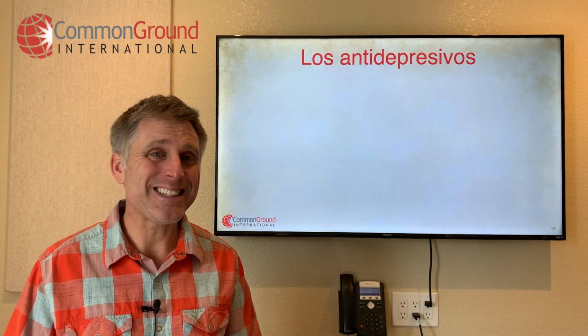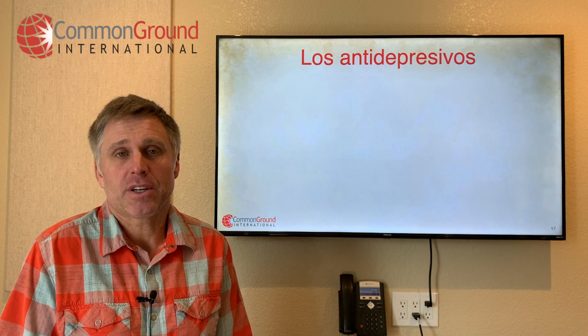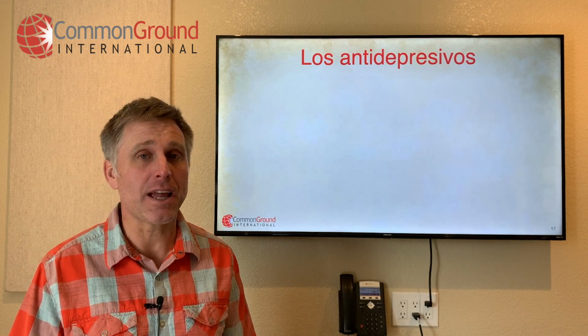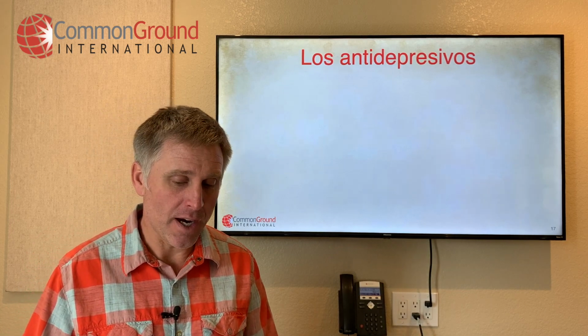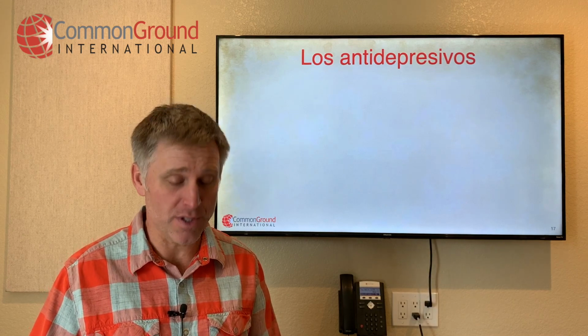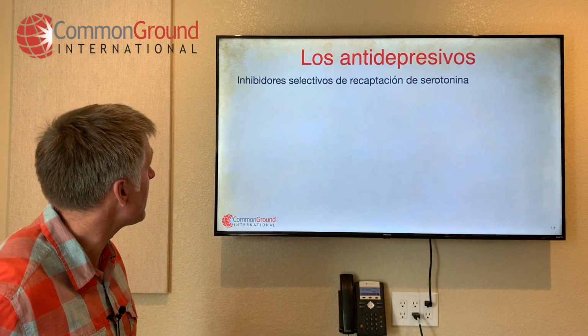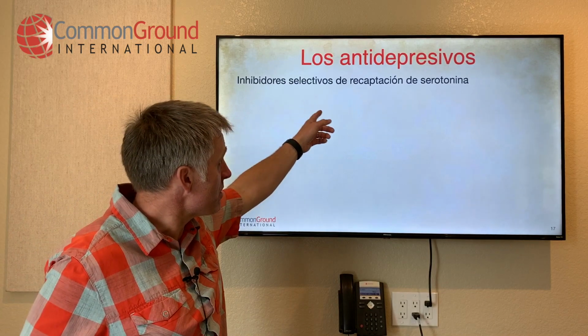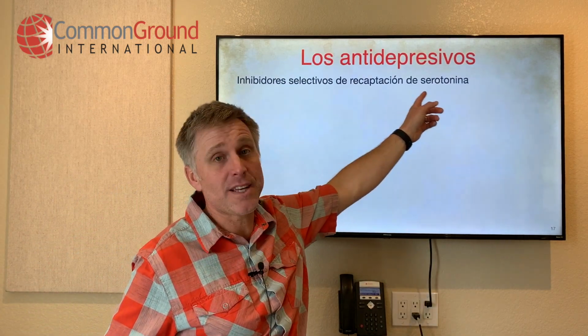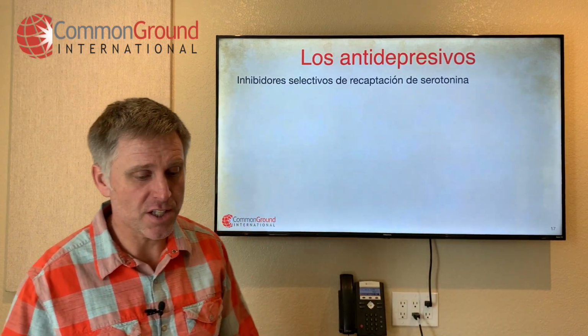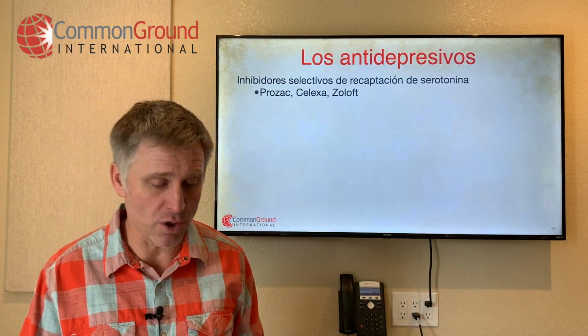Cuando hablamos antidepresivos, we've got a handful of categorías o clases de antidepresivo, ¿verdad? And some of these are some real doozies to say. We've got inhibidores selectivos de recaptación de serotonina, okay, such as Prozac, Celexa, Zoloft.